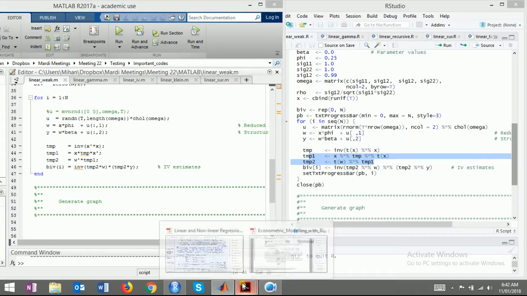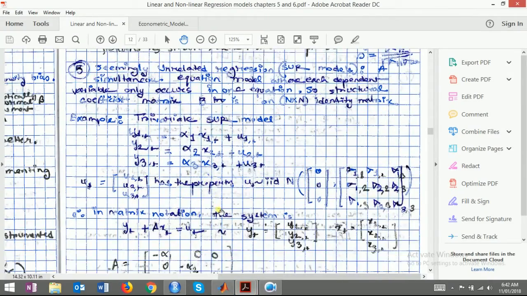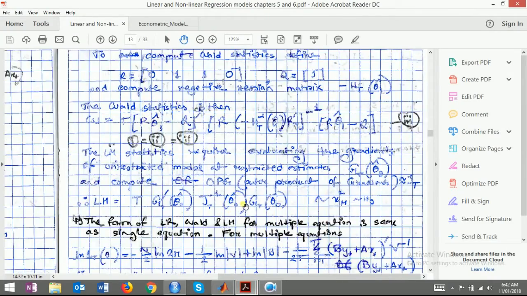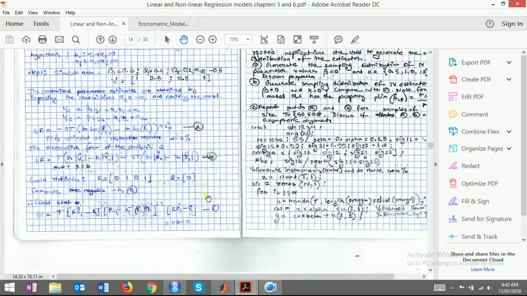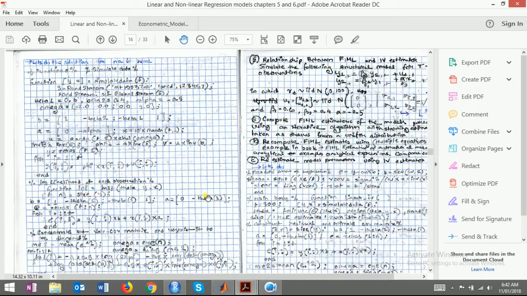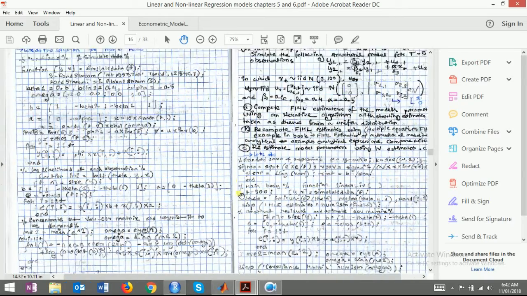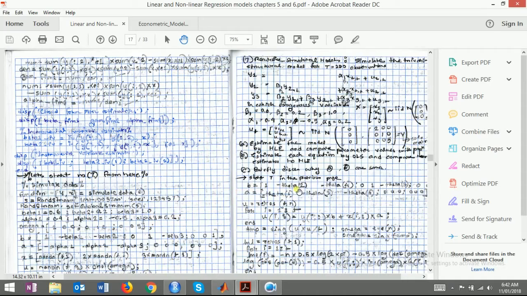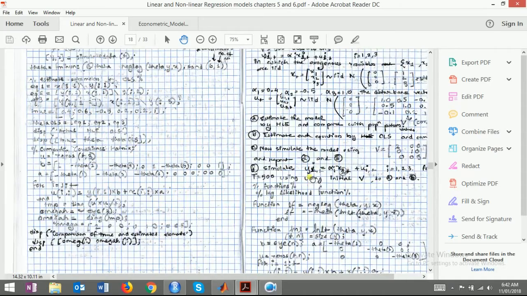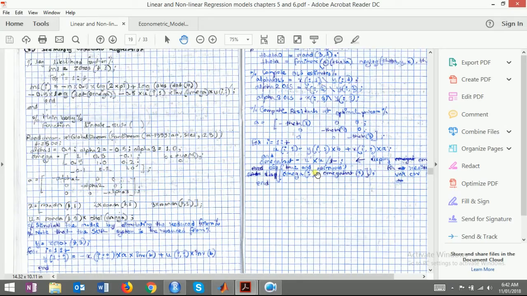So what was the equation? Let us have a look at it. So many things we have actually covered.